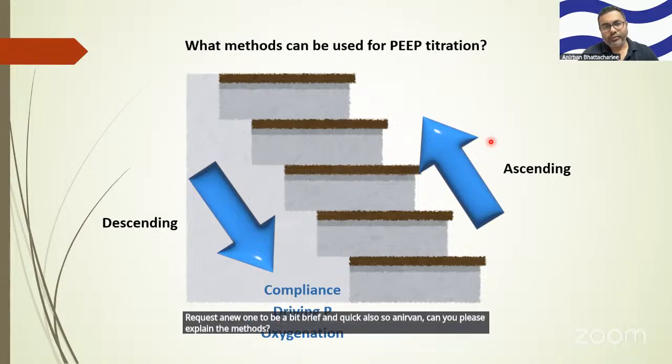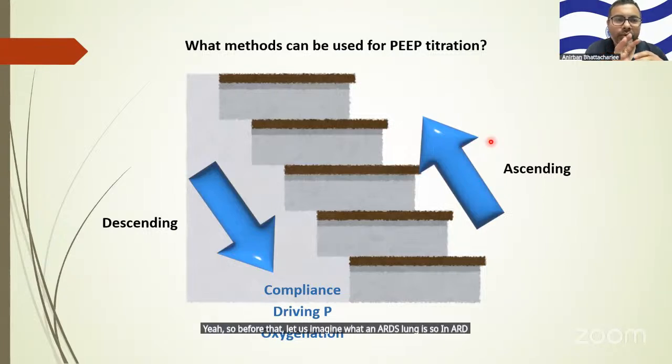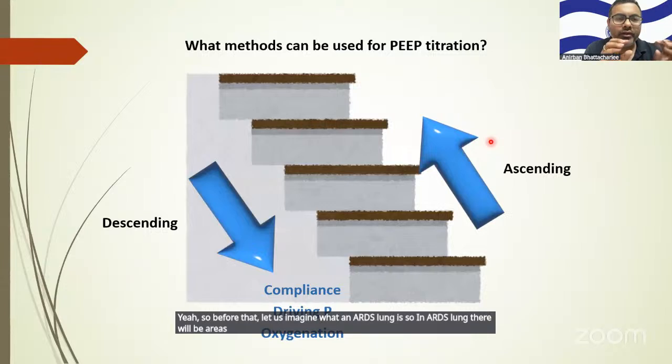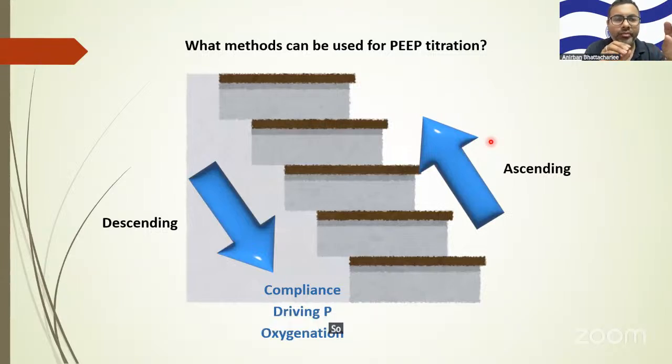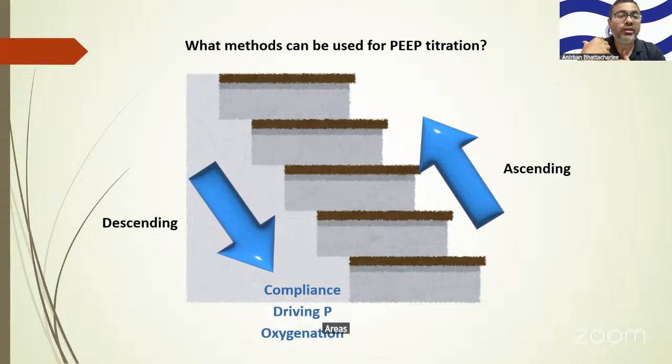Yeah. So before that, let us imagine what an ARDS lung is. In an ARDS lung, there will be areas which collapse with each breath. These are the recruitable areas. The alveoli are going to collapse with each breath, and there are areas which are over distended, the non-dependent areas of the lungs, which are already over distended.